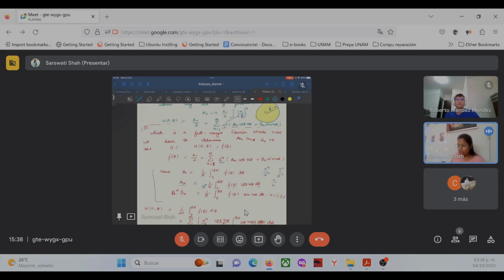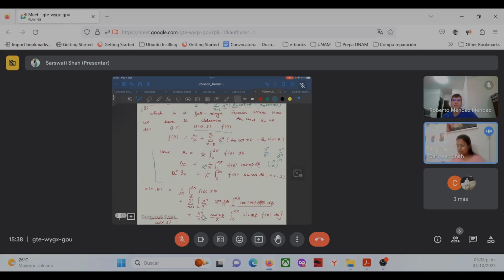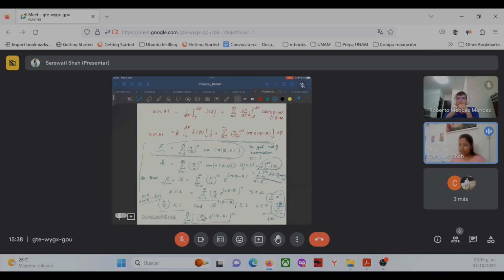So we can write it as r over a to the power n. Is it not? This was the interior of a circle. So we use the full range Fourier series for the boundary condition, and then we get this, and in the last I took r over a outside and wrote r over a to the power n. So you are talking about this thing.